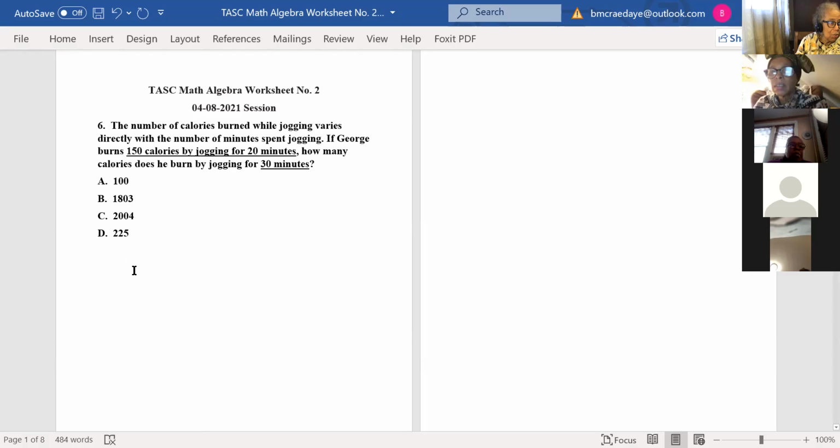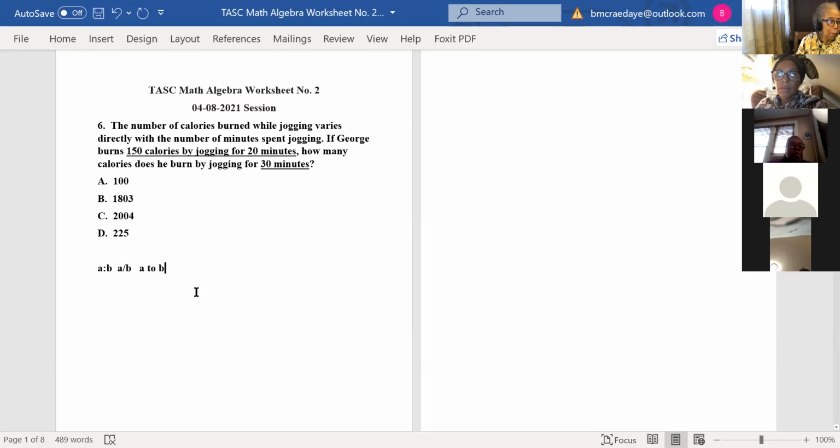You can express ratios like A colon B, or A over B, or A to B. That's three ways you can write a ratio: A to B, A divided by B, and A colon B.